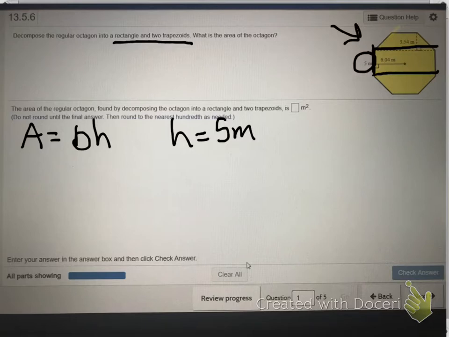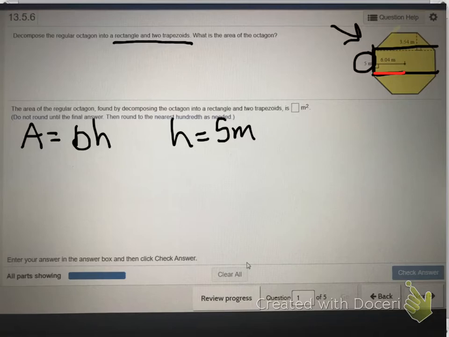So we know from the edge to the center is 6.04 meters. So if the edge to the center is 6.04, that means this line right here, let me use a different color, is also going to be 6.04, because they're parallel. So from the center to the edge is 6.04.